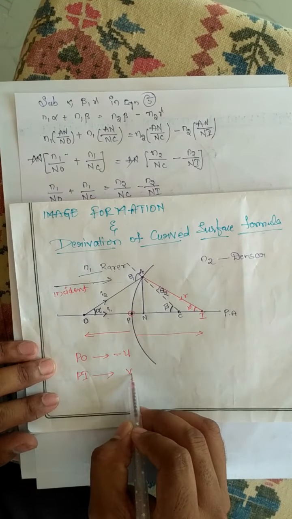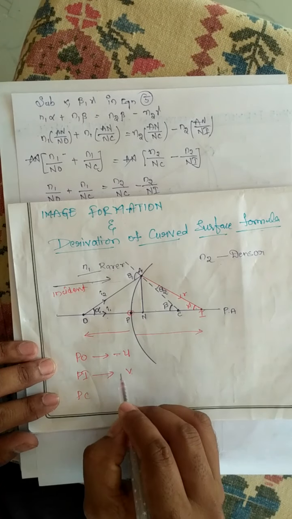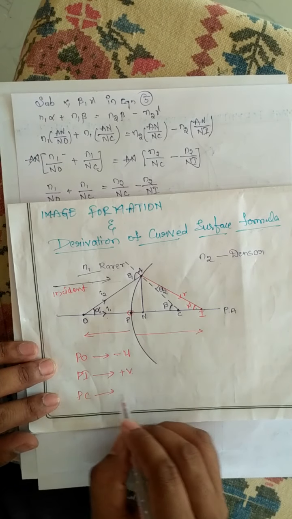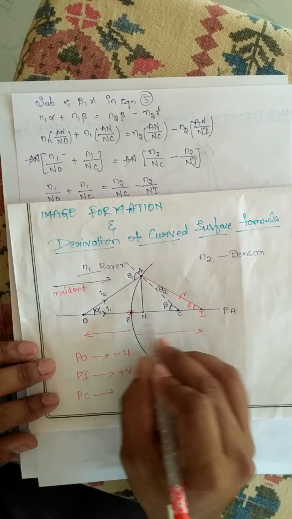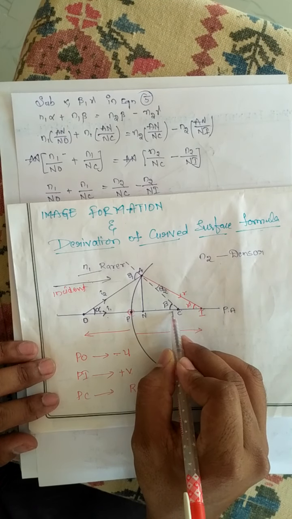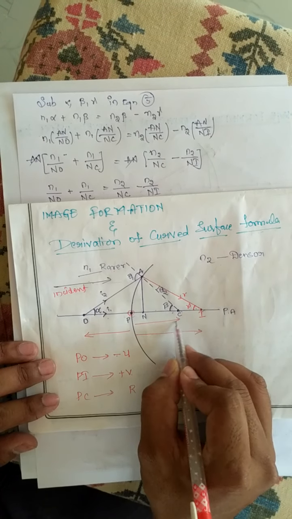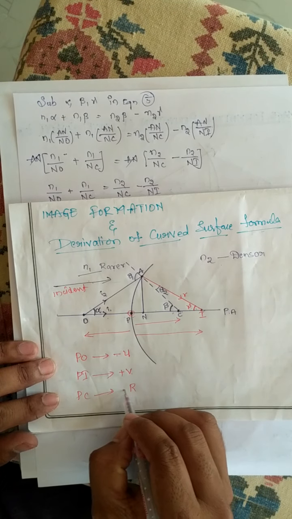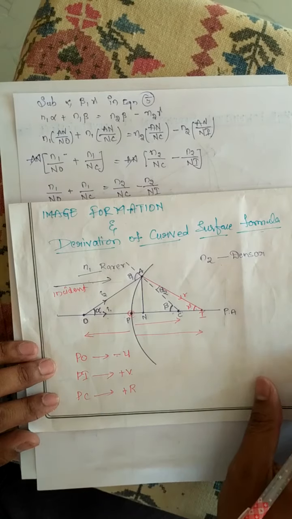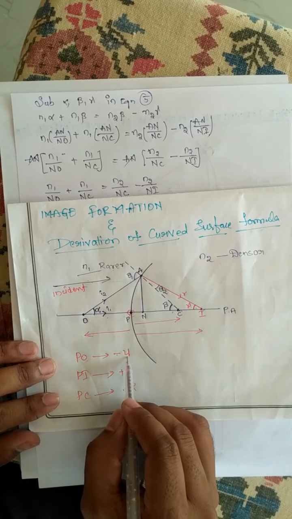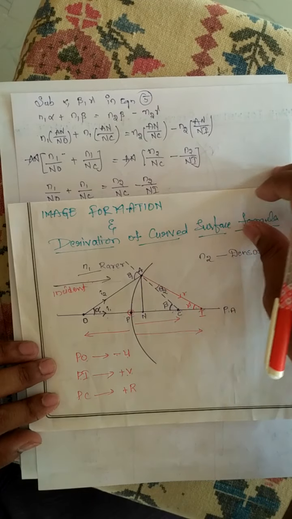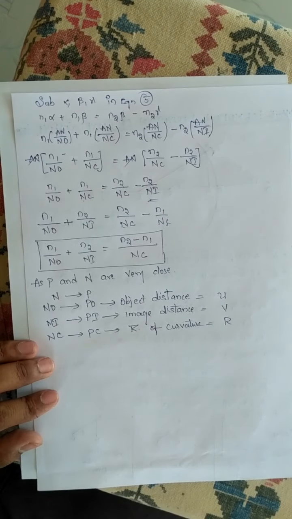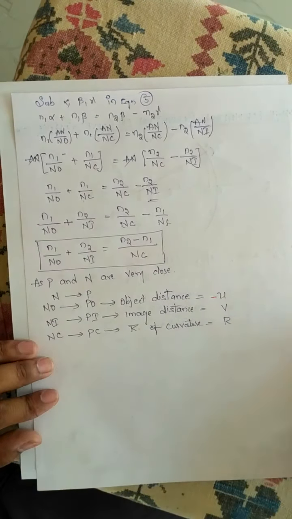So PI is plus V. PC is the radius of curvature, the distance from P to C, and it is also in the same direction as the incident light, so it is taken as positive. According to sign conventions, PO is minus U, PI is plus V, PC is the radius of curvature plus R.